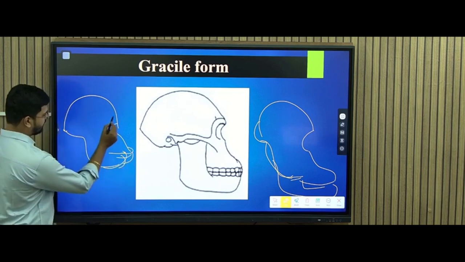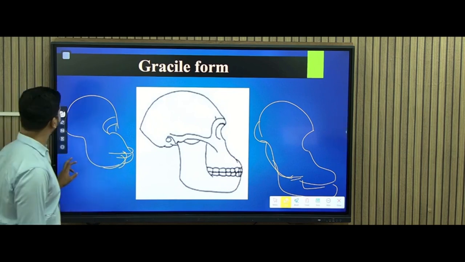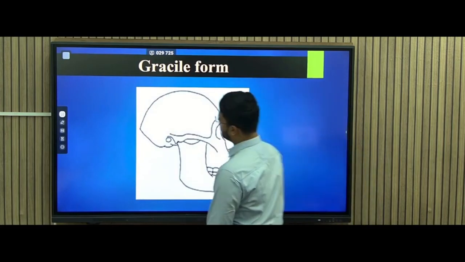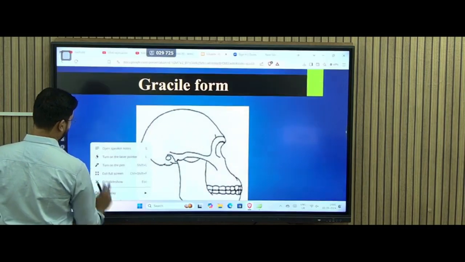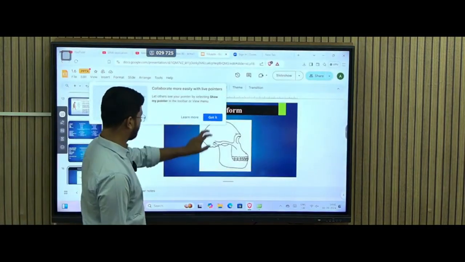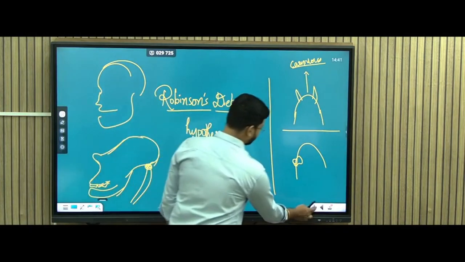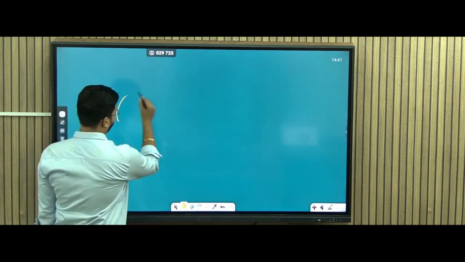See, it should be prognathus. I'm not able to do this. Let me do it. Right, now you can see.